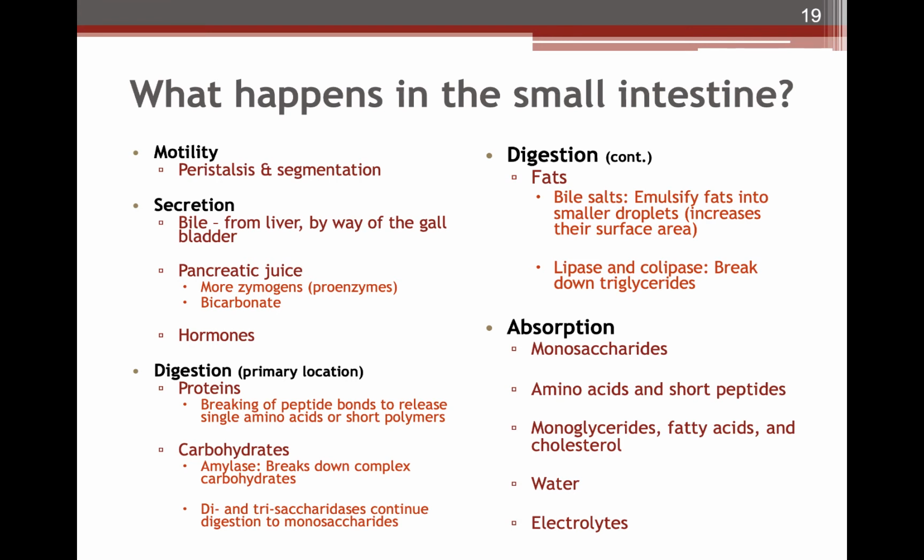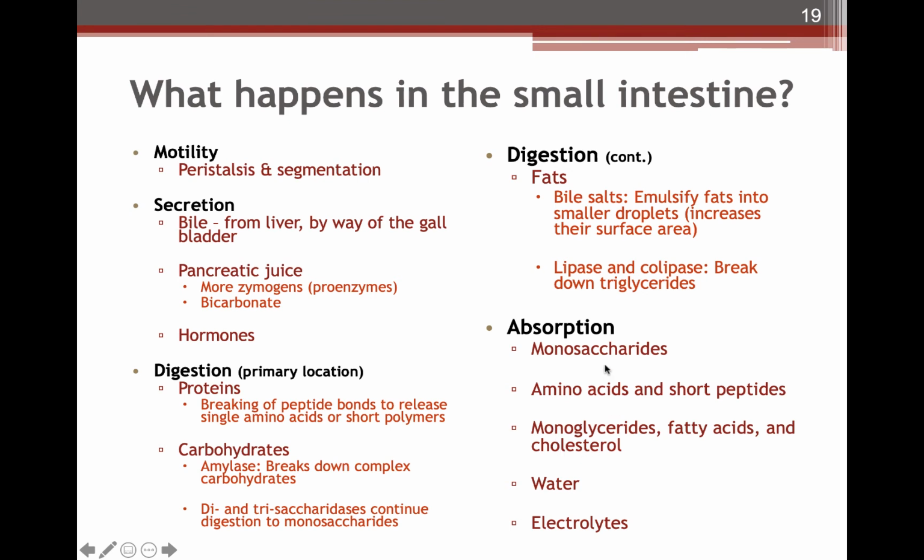They can finally mix with the enzymes meant to break them down, like lipase and colipase, which break down triglycerides into monoglycerides and free fatty acids. And so that's what we're going to be absorbing: monosaccharides, amino acids and short peptides, monoglycerides, fatty acids, and also cholesterol.